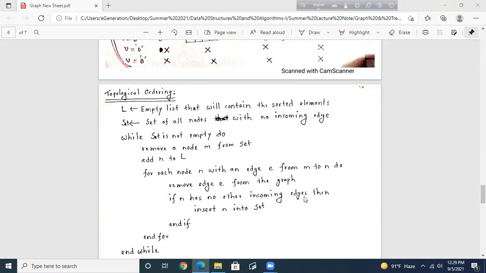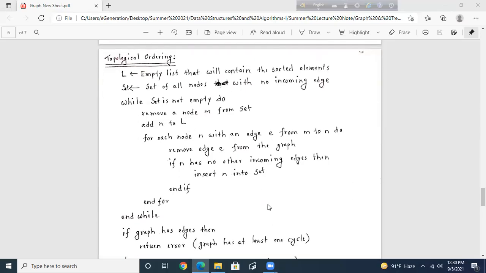You have to check whether the N you selected contains an incoming edge or not. If it does not, then insert N into the set. So this is the topological order algorithm.